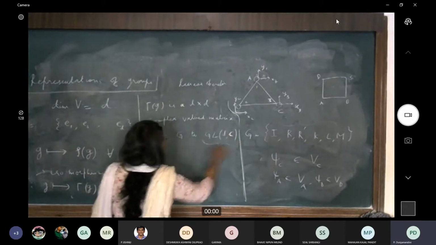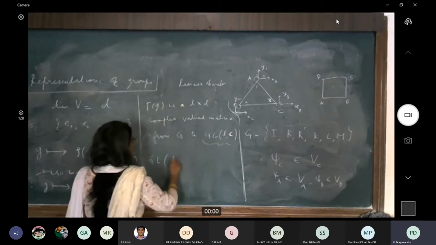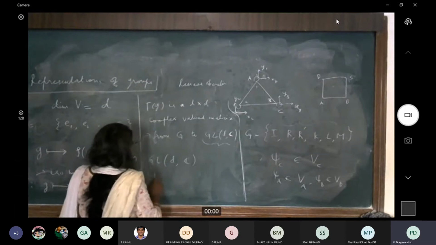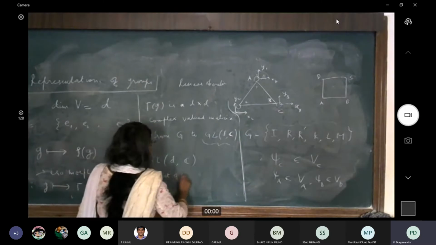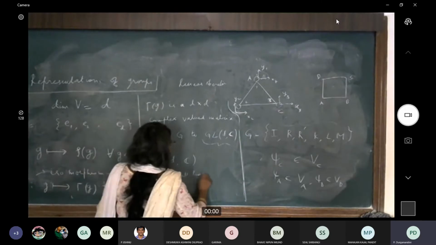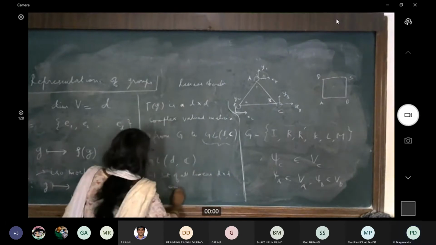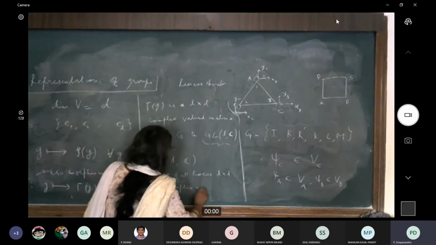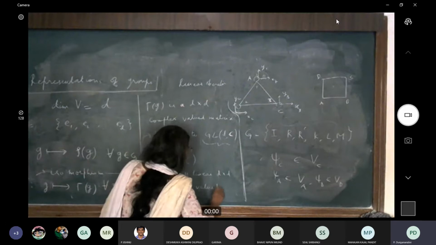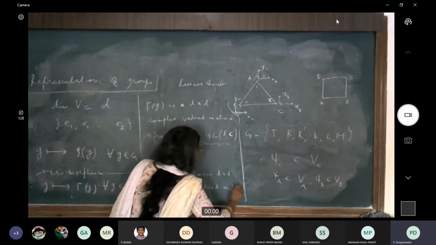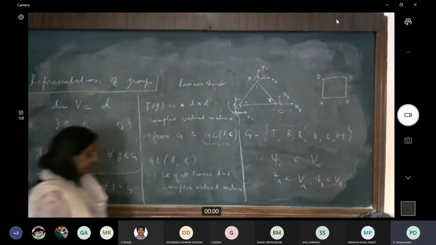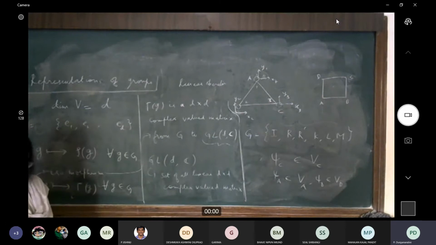GLdC denotes the set of all linear d by d complex valued matrices, which again forms a group. Because if I take two d by d matrices and multiply them, I again get a d by d matrix.